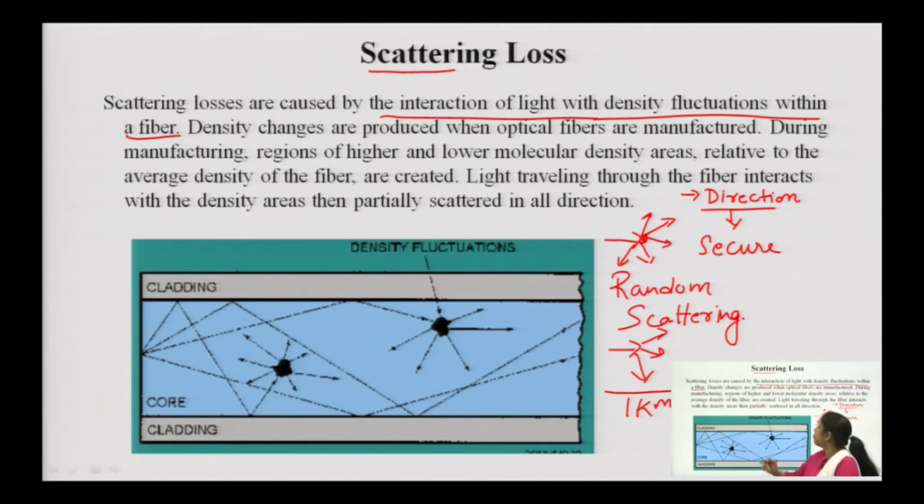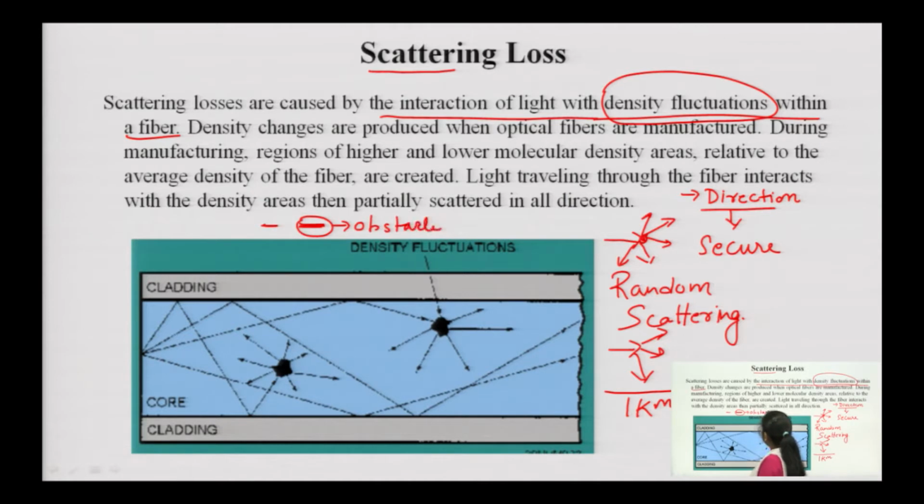Density fluctuation means that originally the light has to cover only a certain density, and if we increase or decrease the density, it proves to be an obstacle, its path gets disturbed and distracted, and scattering occurs.